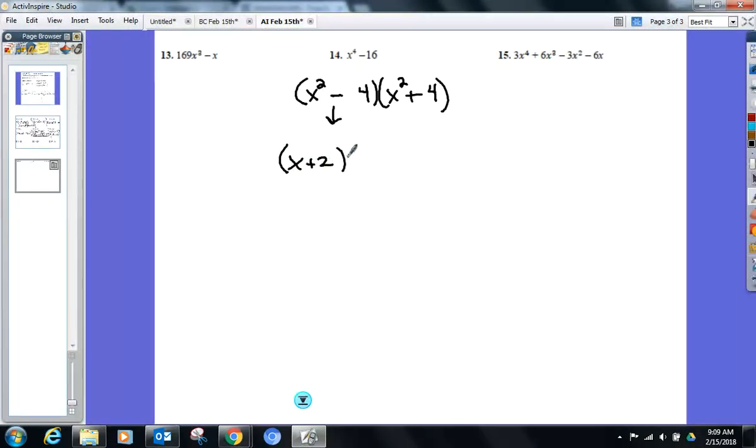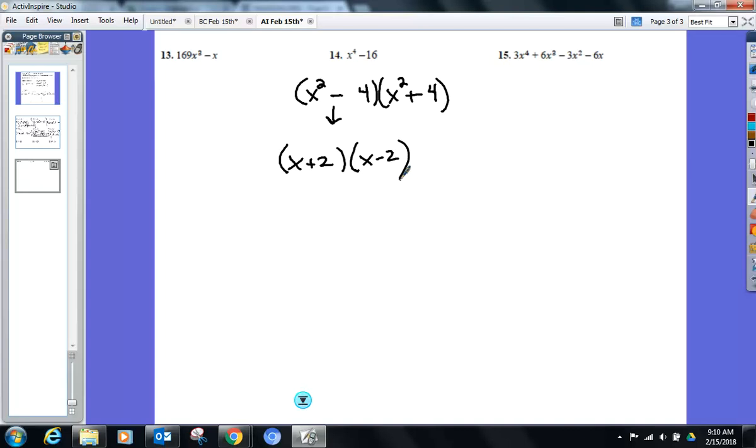x plus 2 and x minus 2. Do not, this is a huge trap everyone falls into. Oh, perfect square, let's factor it. You cannot factor this. Why not? What's the name of the method? Difference. That's not subtraction.